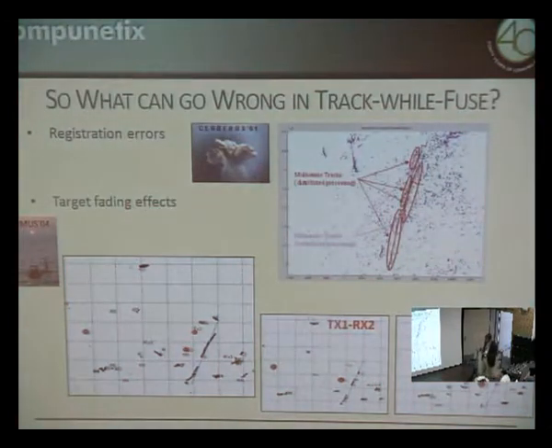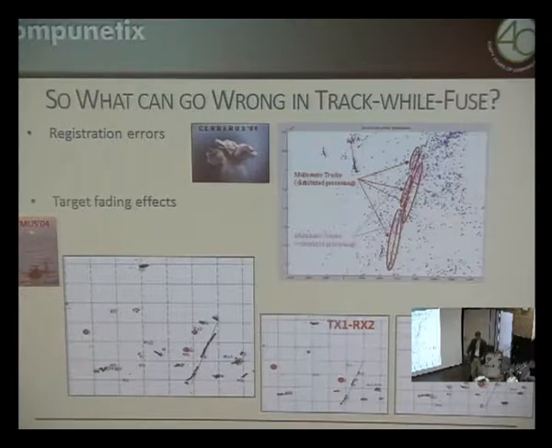Some of the obvious ones that we see when we process sea trial data are, first of all, registration errors. If I have 2 systems in the water and there's a compass error, say, or a timing error, my contact data, my dots on the screen, will not be aligned well.